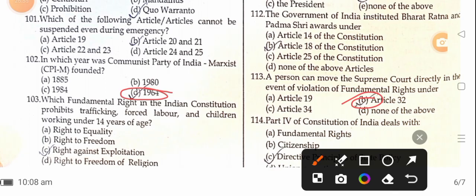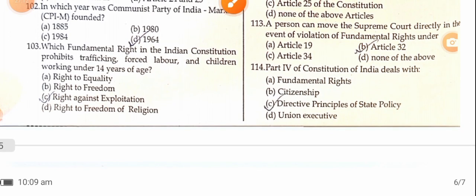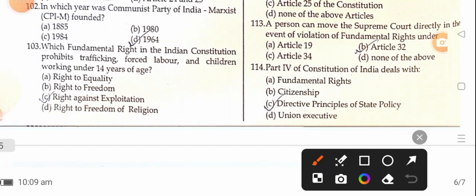Which fundamental right in the Indian Constitution prohibits trafficking, forced labor, and children under 14 years of age working? Right against exploitation. Option C. A person can move the Supreme Court directly in the event of violation of fundamental rights under Article 32.